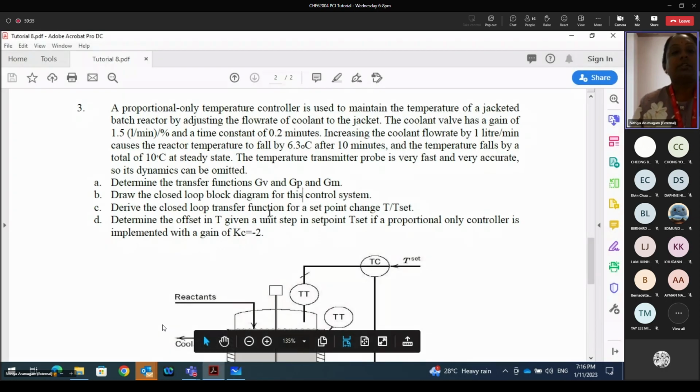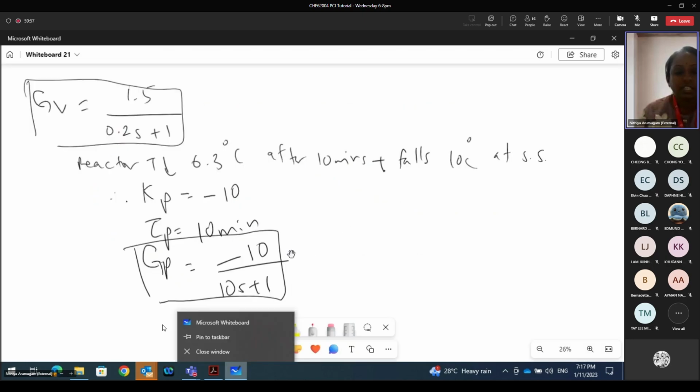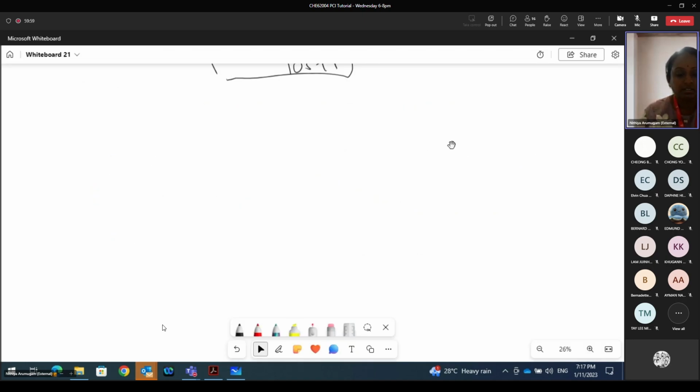Now, draw the closed loop block diagram for this control system. So we know we have a valve, P controller, the Kc portion, and also the transmitter, right? So we can draw this very easily compared to the previous section. Let's draw the standard proportional controller system.